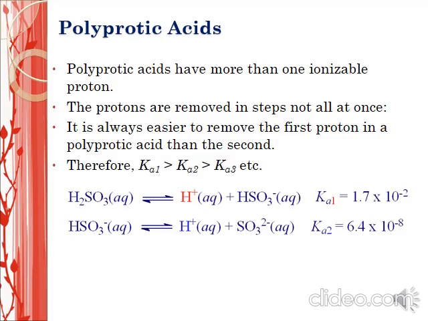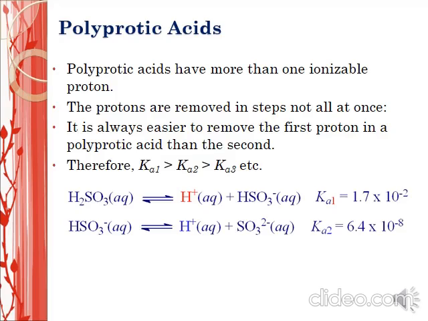However, the removal of the proton cannot be done at once. You have to remove one by one. Of course it's easier to remove the first proton compared to the second, the third, and so on. And that's why you see the Ka values will be so much different.